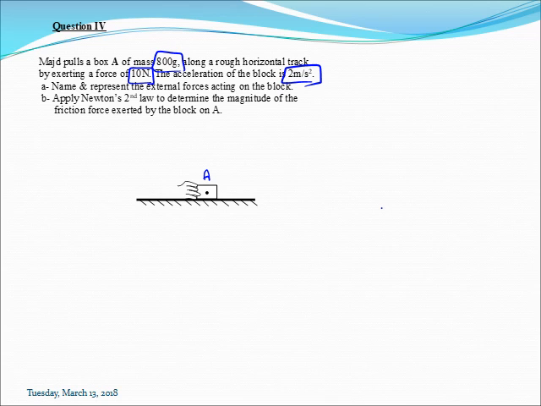A. Name and represent the external forces acting on the block. Reaction, weight, traction force, and friction.